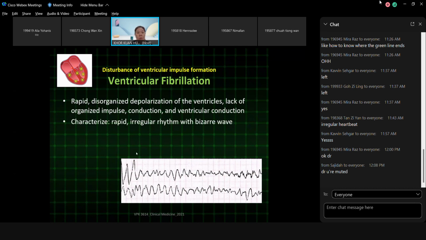All right. So it's very rapid, it's an irregular rhythm, and it's a bizarre wave. It happens near death often, in shock, anoxia, no oxygen, trauma, myocardial infarction, near-death experience, you tend to have this ECG trace being seen. You know this is an emergency already.